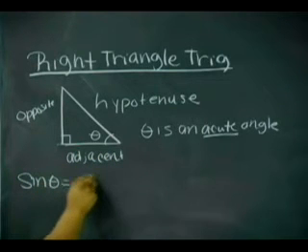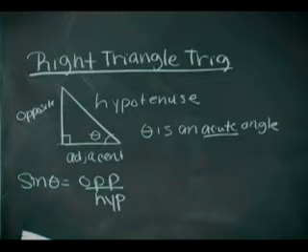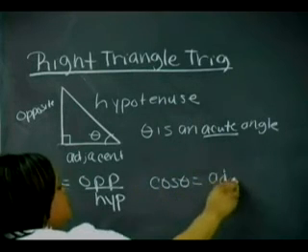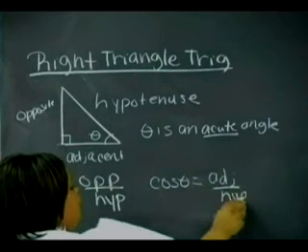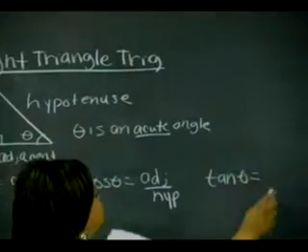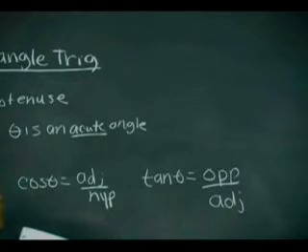Sine theta is defined to be the opposite side over the hypotenuse. Cosine theta is defined to be the adjacent side over the hypotenuse. Tangent theta is defined to be the opposite side over the adjacent side.